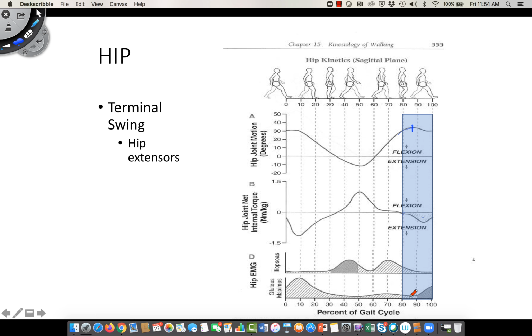We can see the glute max is contracting here as a hip extensor early, but if we superimpose the hamstring muscles, they would also be active here and could contribute to limiting the hip flexion, the hip extension moment. So this is a combination of glute max and hamstrings.